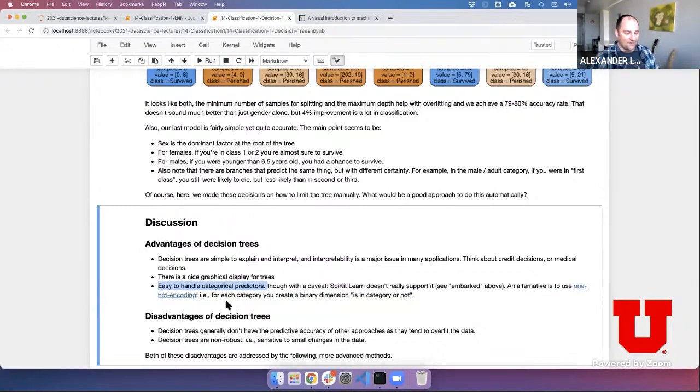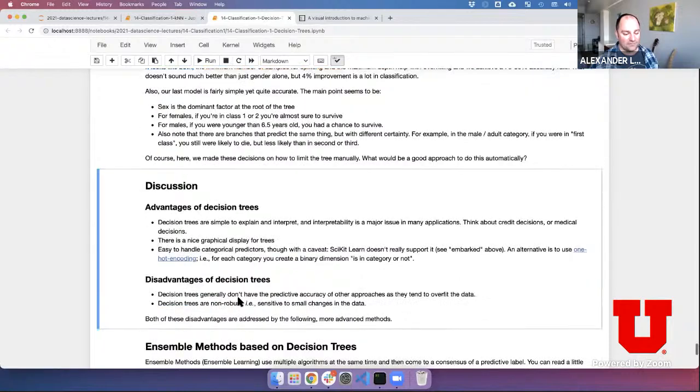So instead of having one column with many categories, you create one binary column asking, is it in this category or not? And then you can use the scikit-learn decision trees very effectively here. This has some other disadvantages. It makes your data set bigger and a little bit more complicated. But generally, that is a way of doing it. And other implementations in R, for example, don't have that limitation. They can actually work with categorical data.